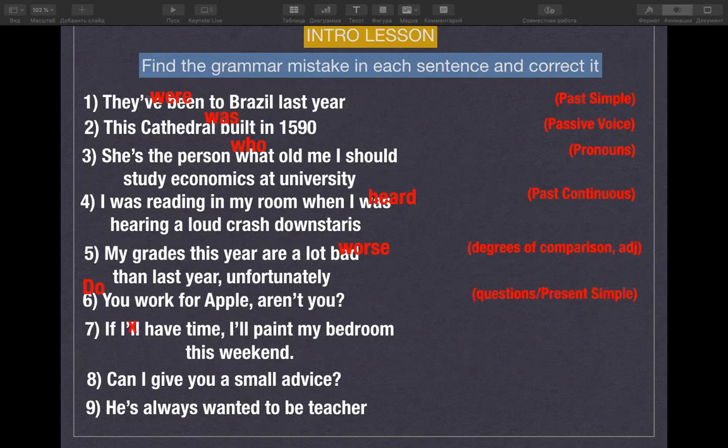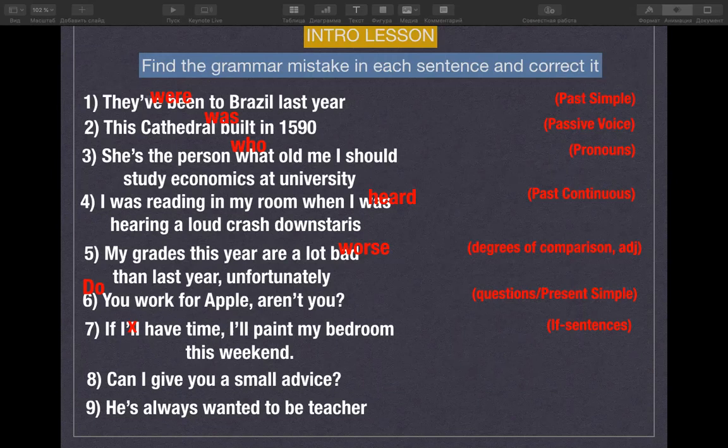If I'll have time, I'll paint my bedroom this weekend. Здесь нужно повторить if sentences, придаточные условия, если и времени, когда. Если у меня будет время, я покрашу свою спальню в эти выходные. В главном предложении я покрашу свою спальню, всегда будет употребляться будущее время. Но вот если у нас есть условие или время, при каком условии, если у меня будет время?